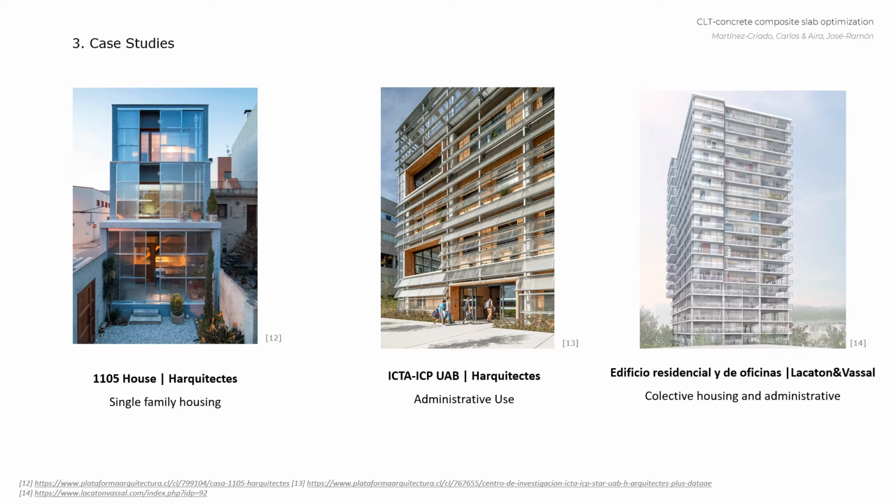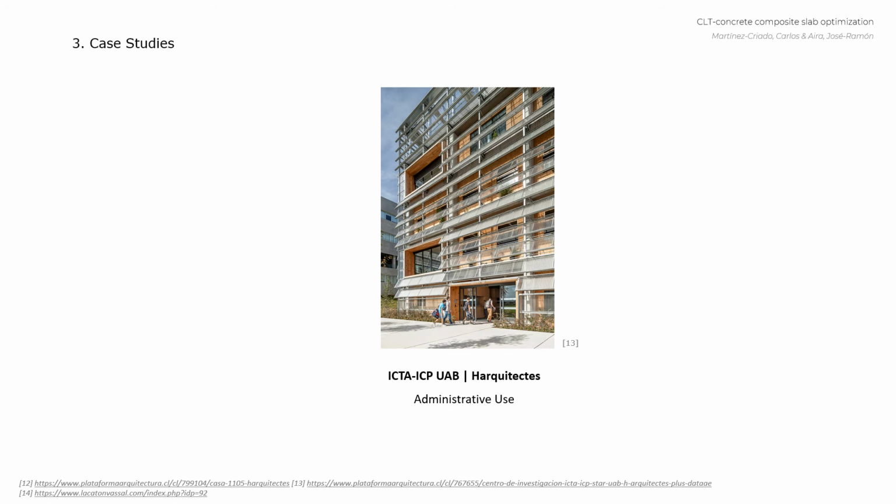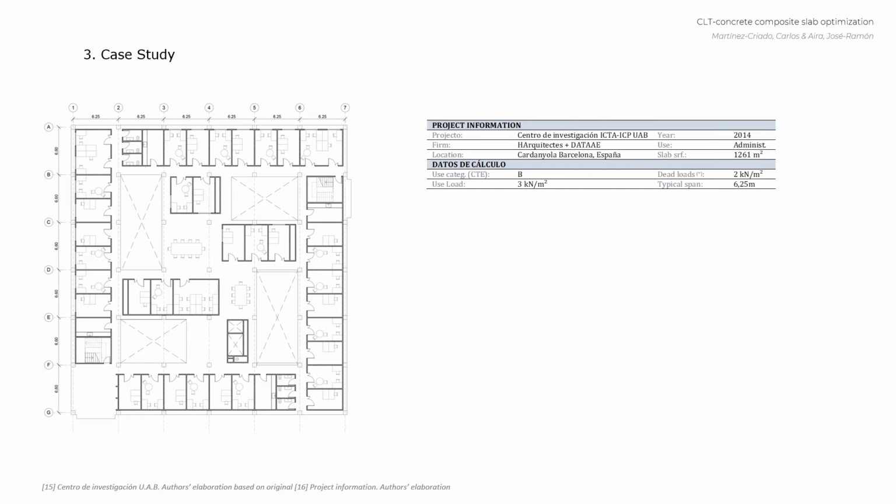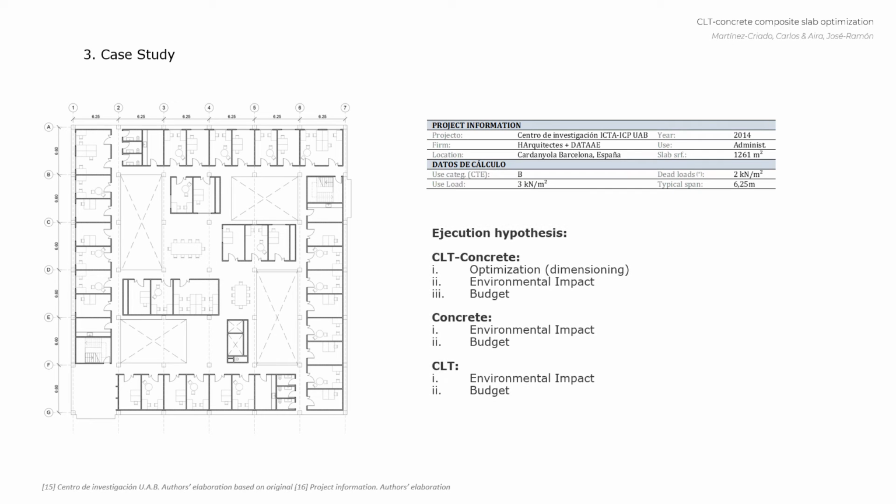Having described the main study parameters of the section, we have analyzed these three case studies, of which we will focus on the Instituto de Ciencia y Tecnología Ambiental, ICTA, of Universidad Autónoma de Barcelona. This example consists of a regular geometry floor plan with 6.25 meter spans.